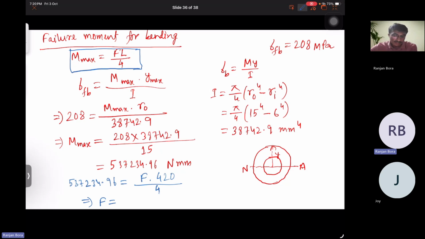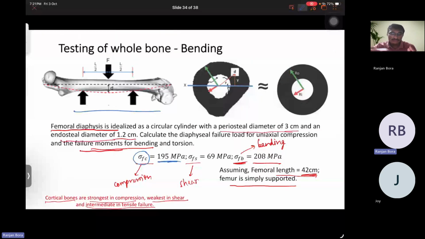Here you can see the force F is acting in this position. The bone is put in a horizontal position and supported at 2 points, and at the midpoint, at equal distance from the 2 supports, we are applying a force F. So this value of F is 5116.5 Newton.